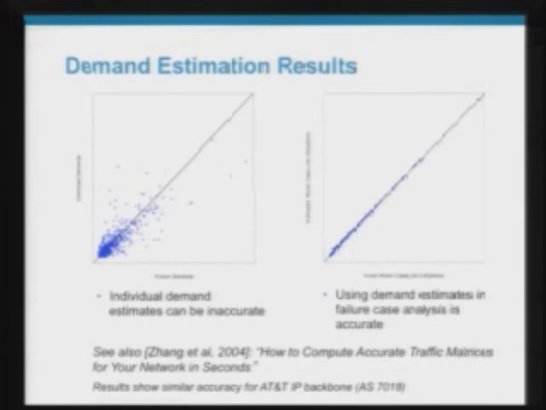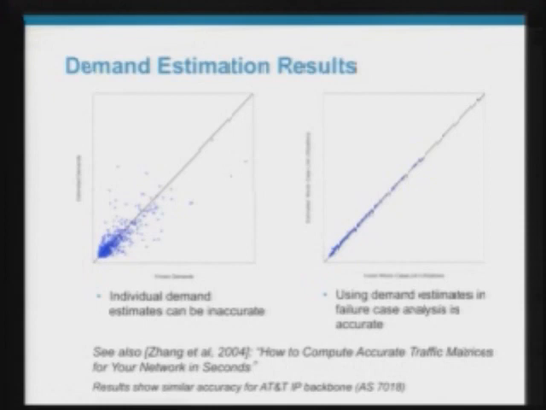The numbers would have matched, and as you can see, they don't. There are ones way out here where the known demand is considerably larger than what was estimated, or vice versa, where the estimate was much higher than what you actually know to be there.